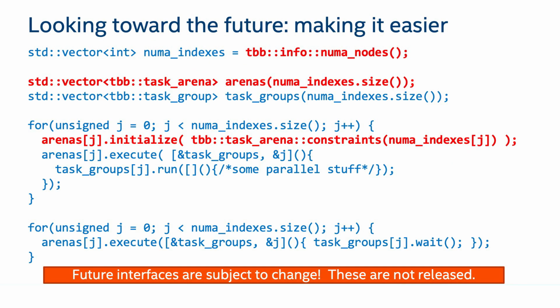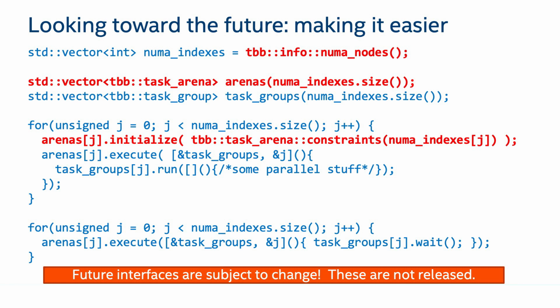And that's what the future is for TBB. In a very near release, you're going to see interfaces like this, where TBB is going to provide information about the topology. So you can check to see, well, how many NUMA nodes do I have in my system? There's also going to be interfaces for task arenas, where you can initialize.